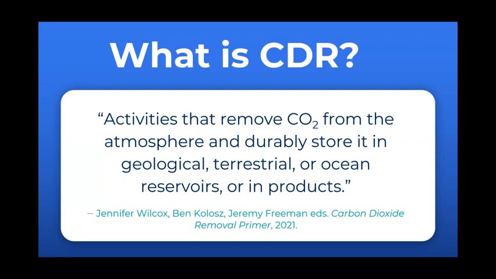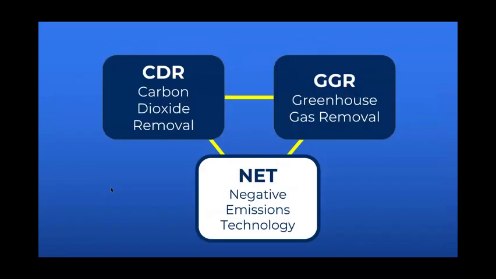So we're going to talk a little bit more about the how of that, or how that looks, in a few minutes. But some other terms that are used, almost synonymous with CDR: there's also this one called greenhouse gas removal. Greenhouse gases include carbon dioxide as well as other things like methane and nitrous oxides and some of the chlorofluorocarbons that were used as refrigerants.